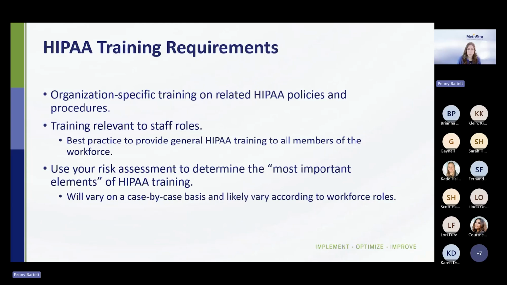You also want to use your risk assessment to determine the most important elements of your HIPAA training. So by doing those risk assessments, you might find things that really need to be retrained to or re-emphasized because maybe it's policy or procedures not being followed the way you might like it to be, to really minimize your risks and vulnerabilities. So it's going to vary depending on what you guys are seeing in your own environment.